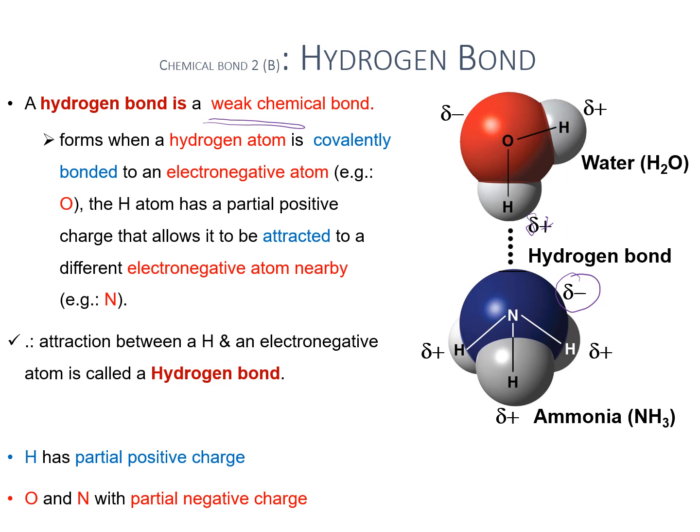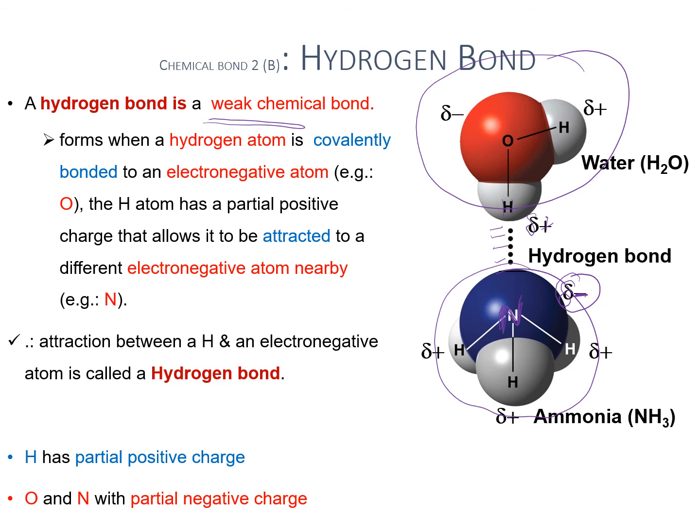A hydrogen bond is formed when the partial positive charge of the hydrogen atom of one molecule is attracted to the partial negative charge region of another molecule. In this case, it is the partial negative charge of the nitrogen of ammonia. So you will form a hydrogen bond.